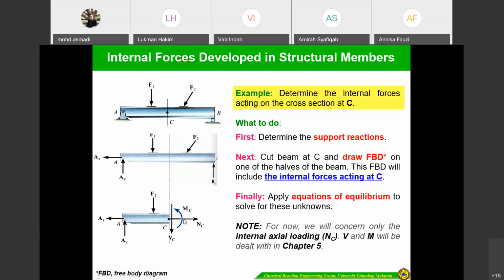There is a normal force, as well as this one, which is the shear. This one is the moment, and then apply the equations of equilibrium. So Nc is the internal axial loading. V and M: V is the internal shear, and M is the moment.